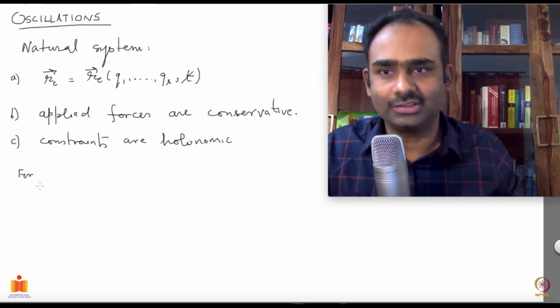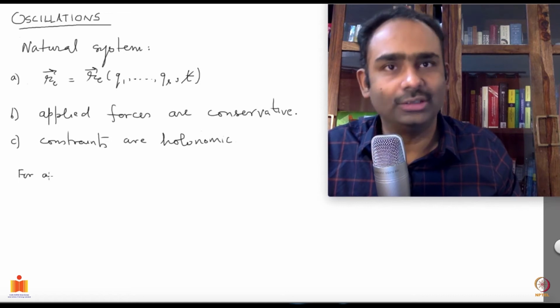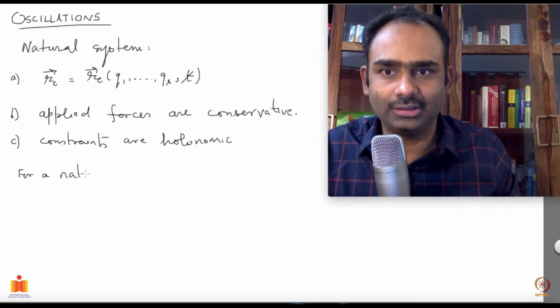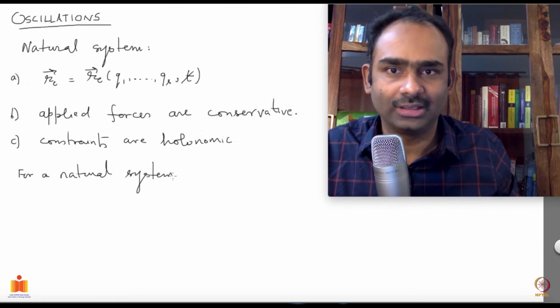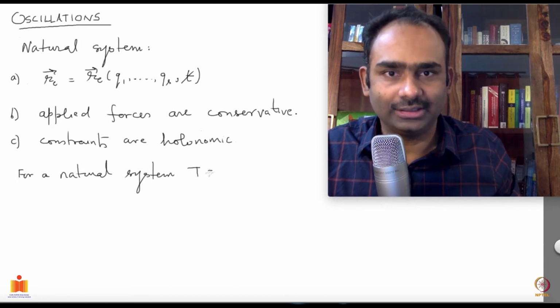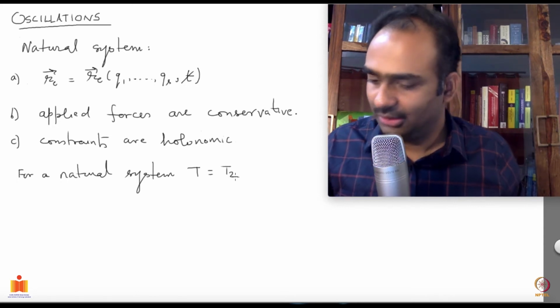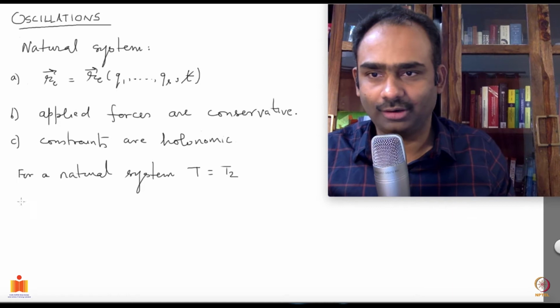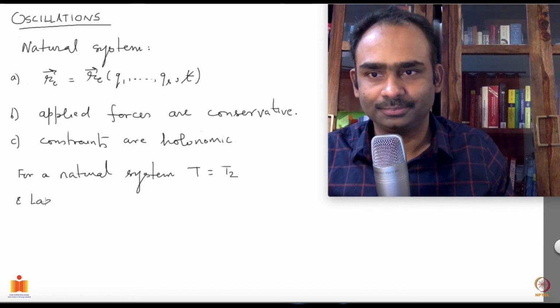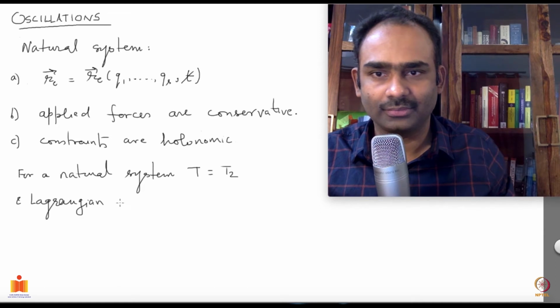But for a natural system, the kinetic energy contains only T2. Okay, and the Lagrangian will be of the following form.